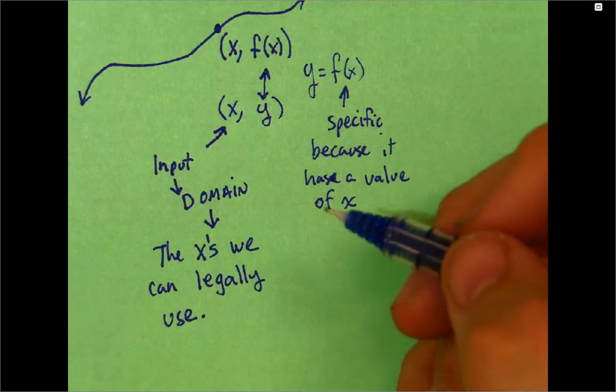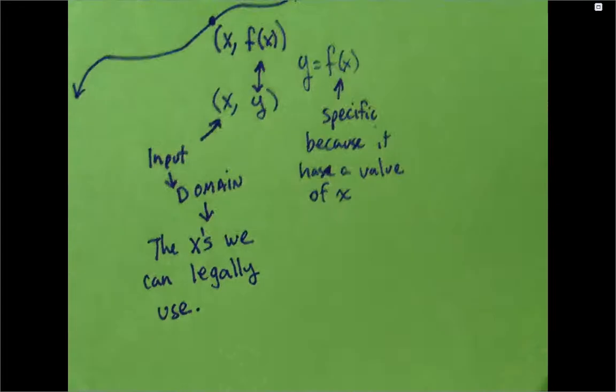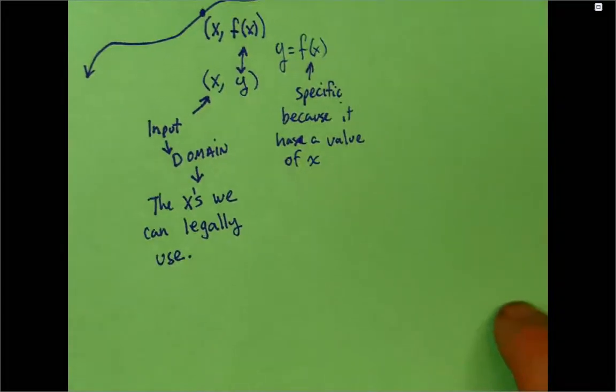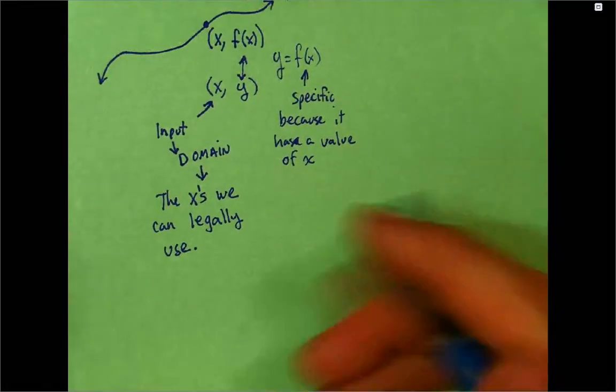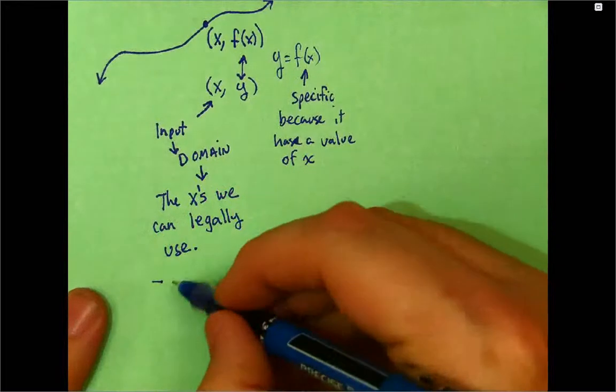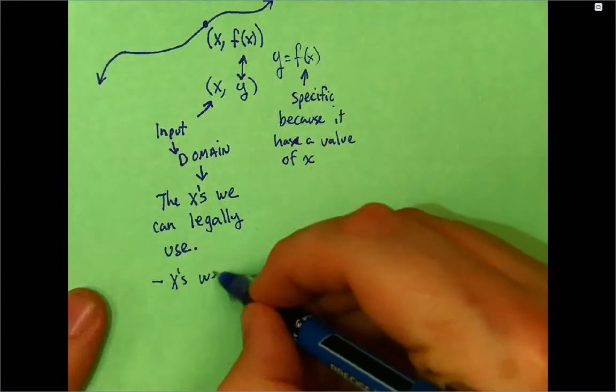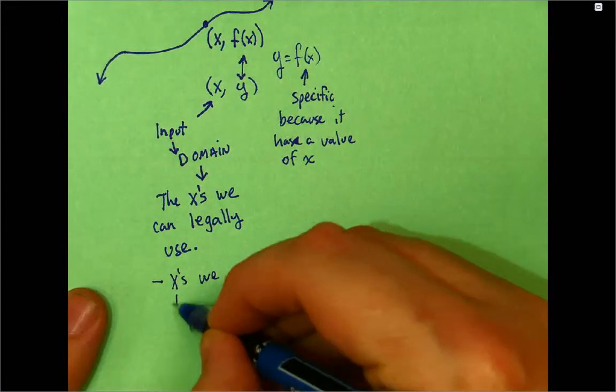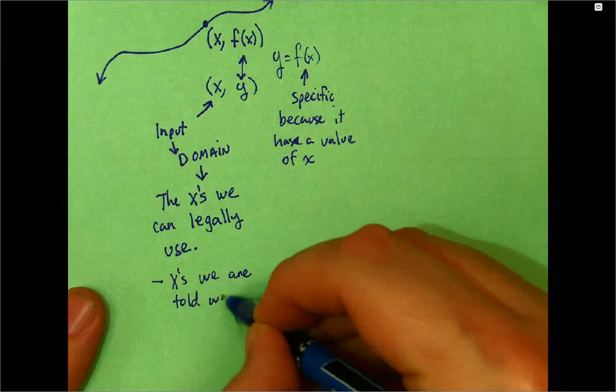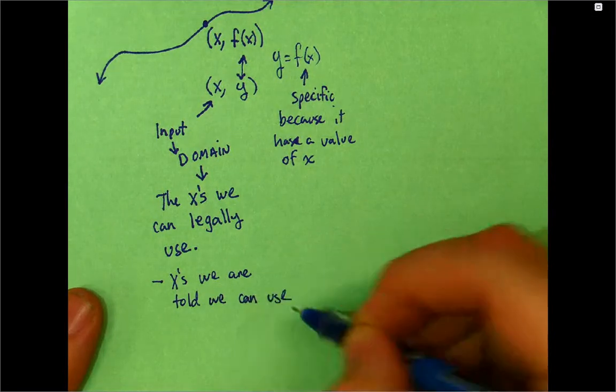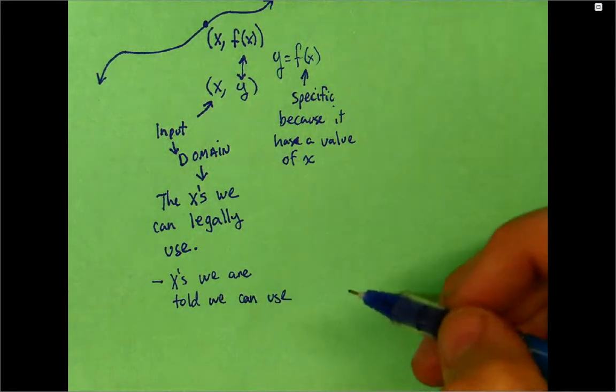So sometimes, let me move this back just a wee bit. Sometimes when we're talking about domains, it's going to be x's we are told we can use. We might be told we can only use x's between 1 and 10.